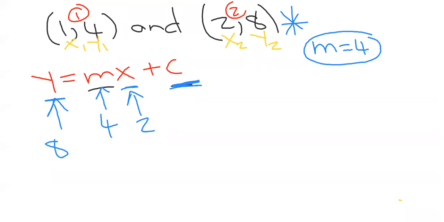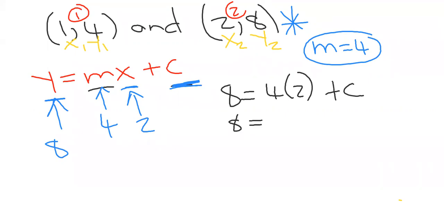So rewriting this equation, we get 8 equals 4 times 2 plus c. Then this gives us 8 equals 8 plus c.